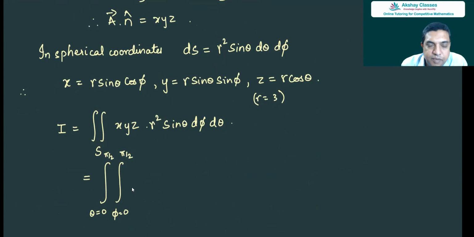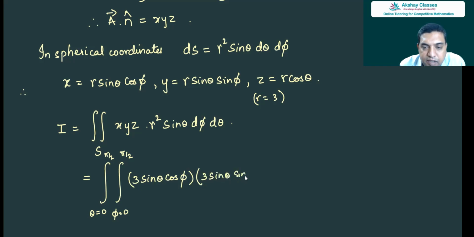So x we can write as 3 sine theta cos phi, times y, 3 sine theta sine phi, z is 3 cos theta, times r square, 3 square sine theta d phi d theta.